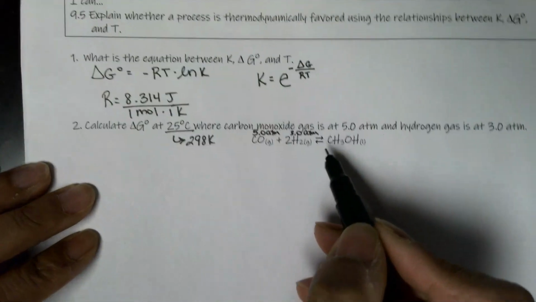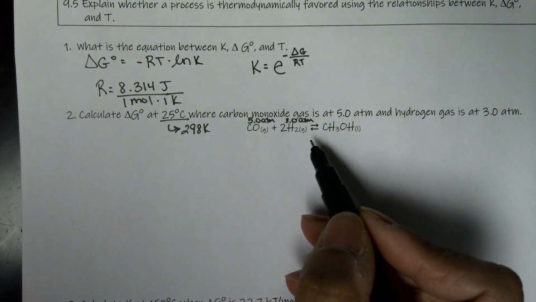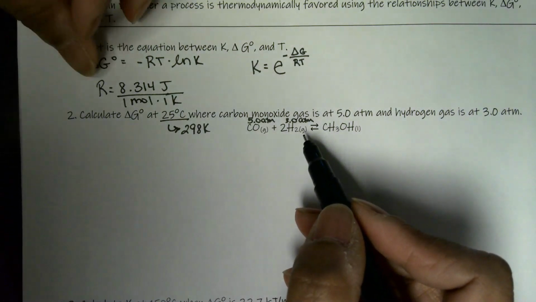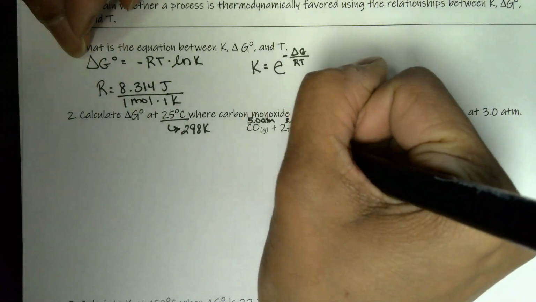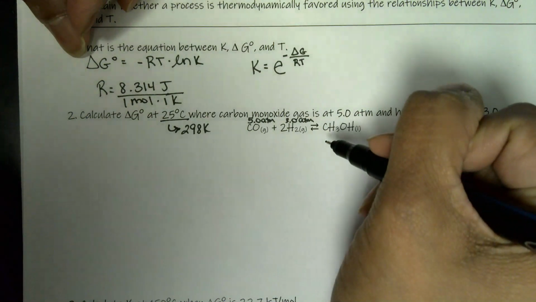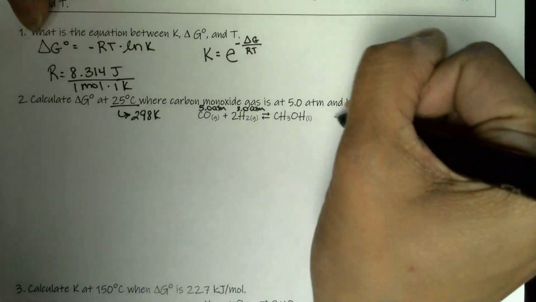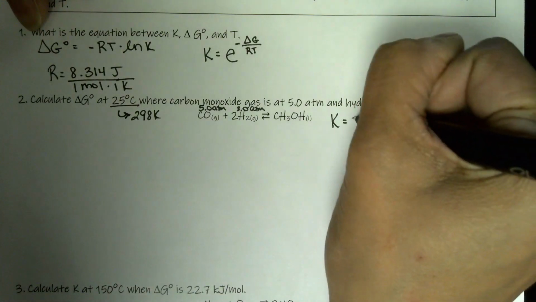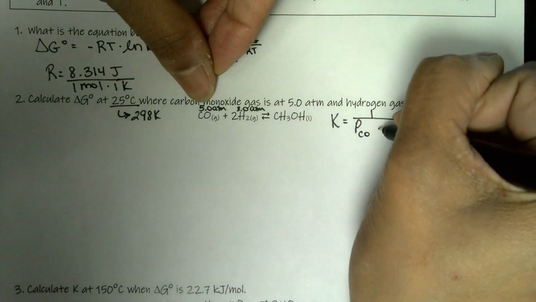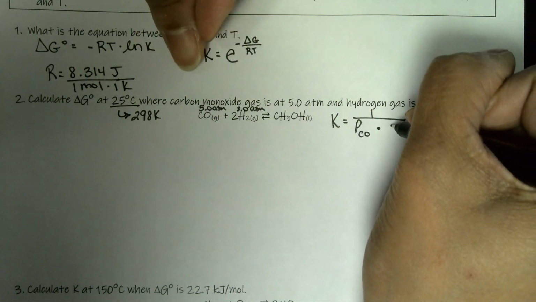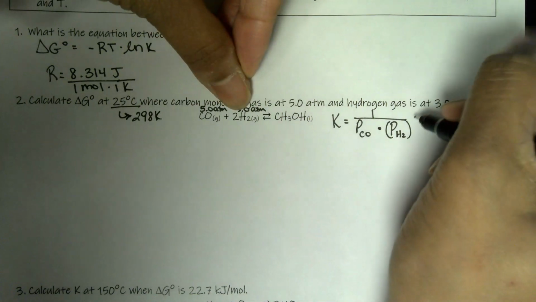This is in equilibrium, so I can get our equilibrium constant. From here, I can determine what my K is. My K is my products over reactants, eliminating any solids or liquids. So my K is equal to 1 over the pressure of carbon monoxide times the pressure of H2 gas, raised to the second power.